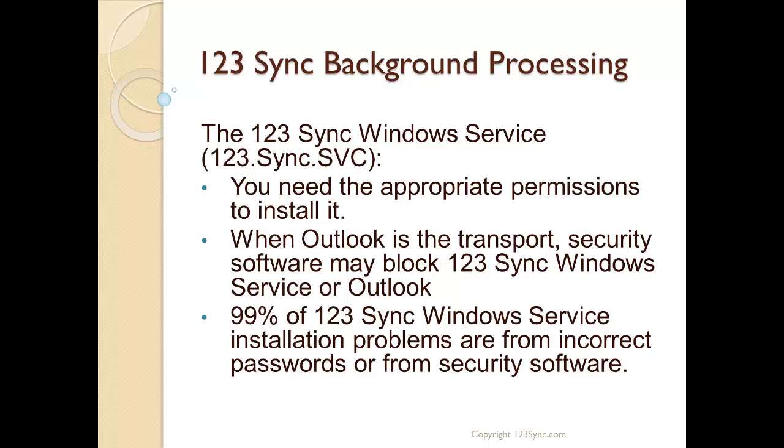It's unbelievable the number of support calls we get from people saying, "Oh, it doesn't work," when it's actually a password or a security issue. And we'll show here how to correct for that and how to compensate and just get it up and running.